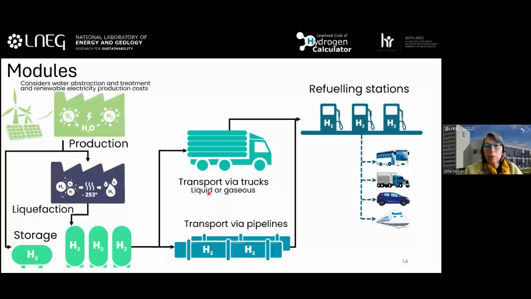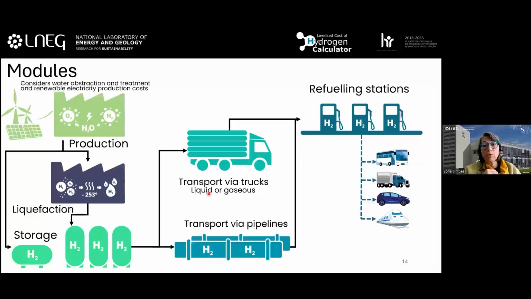The only production option we have is electrolysis, water electrolysis. This electrolysis can also be fed with electricity from the grid. So it's not just 100% renewable electricity. A note there is that we consider water abstraction and treatment costs and also renewable electricity production costs.